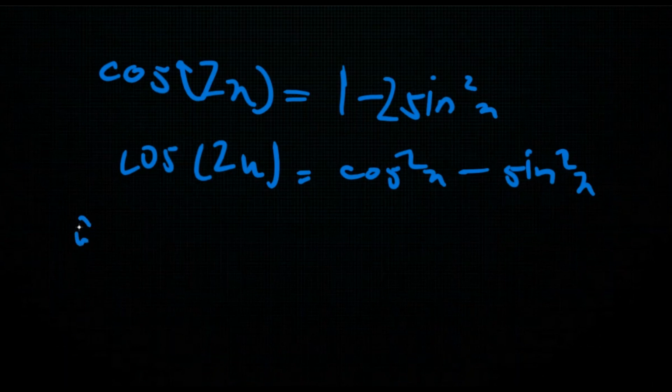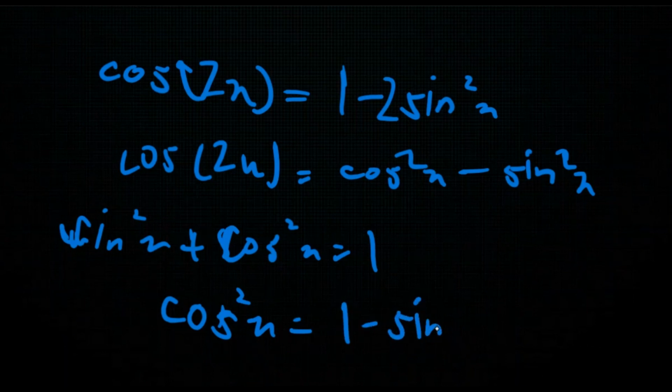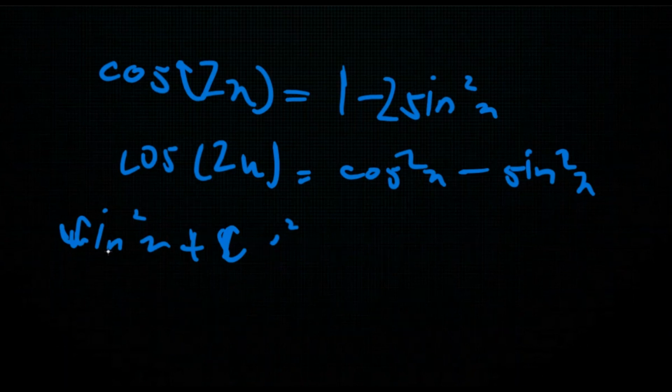From sine squared x plus cosine squared x equals 1, we know that if you move sine squared x to the other side, cosine squared x equals 1 minus sine squared x.